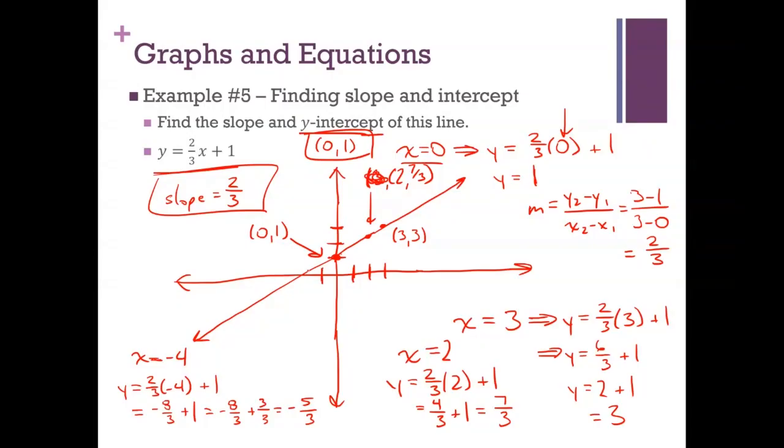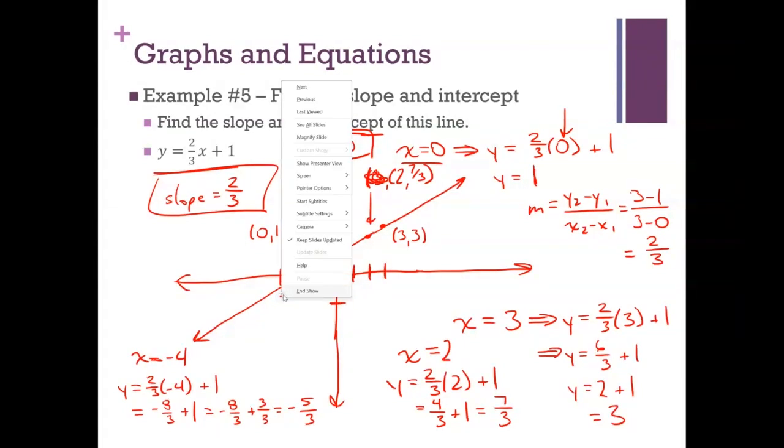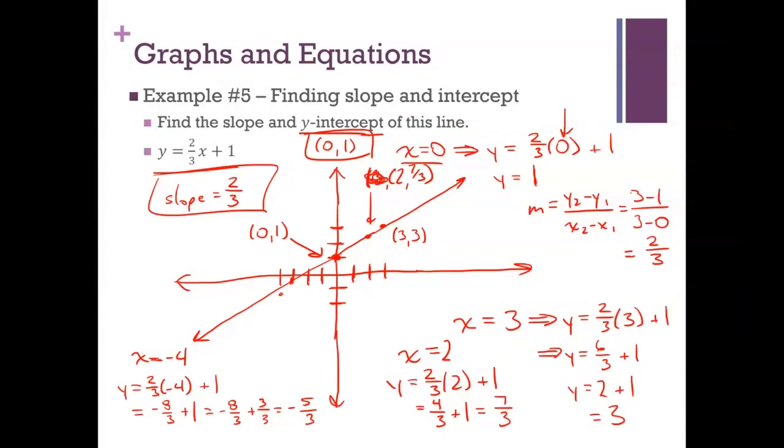So 1, 2, 3, 4, and then a little bit. So between -1 and -2. So -1, -2, and yeah. So this is more about my failure to draw a straight line than that point really should be on the line.